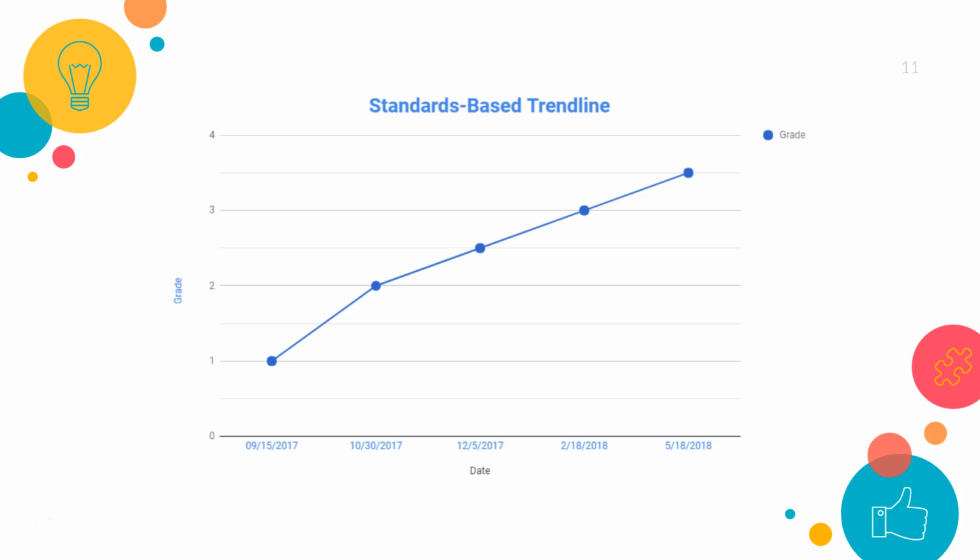We hope that they have mastered it by the time that they exit 5th grade. So at the beginning of the year, this student has a 1, and they continually progress towards mastery level throughout the year. And at the last demonstration of learning, they have a 3.5. And this student's grade is going to be a 3.5 because they've consistently progressed towards mastery, and their last demonstration of learning is a 3.5.